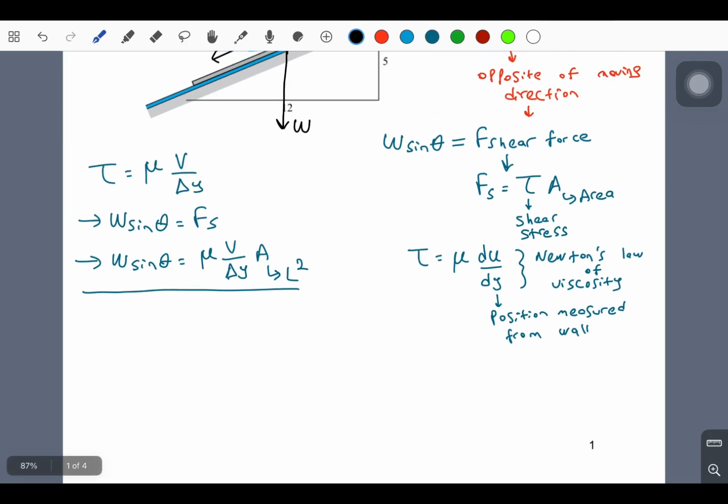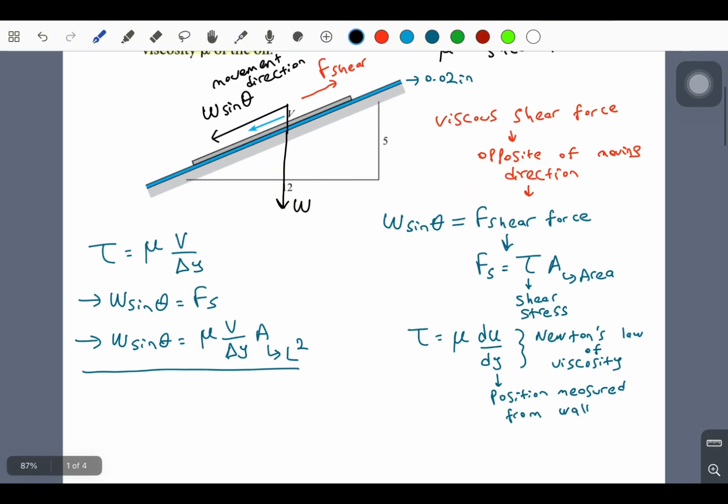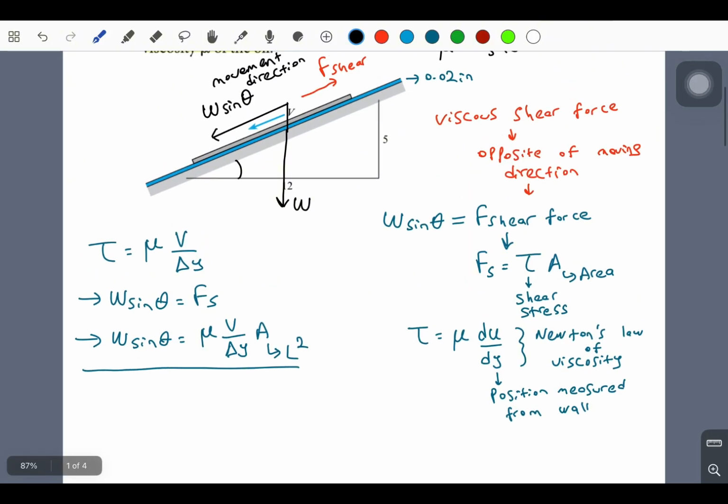So let's see what we need. Here we need to find sinus theta. So we have an angle here. So here sinus theta will be equal to 5 divided by 13 because this is hypotenuse and we have 5, 12 and it will be 13.